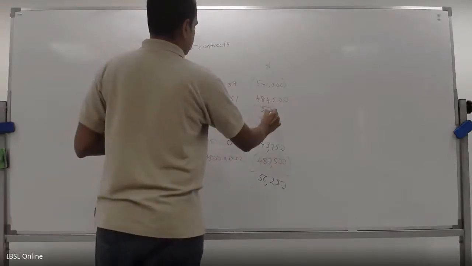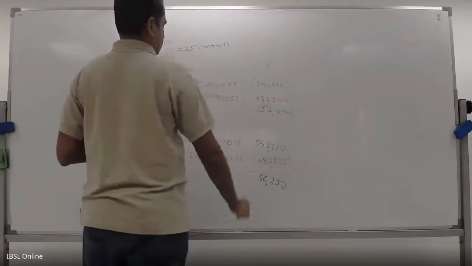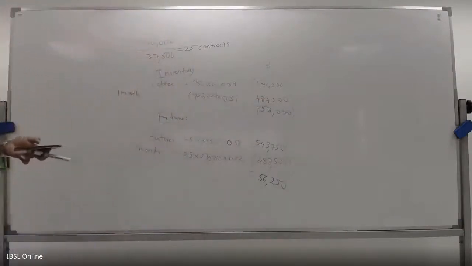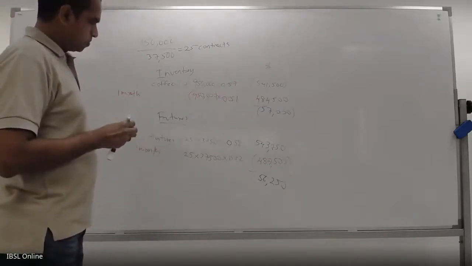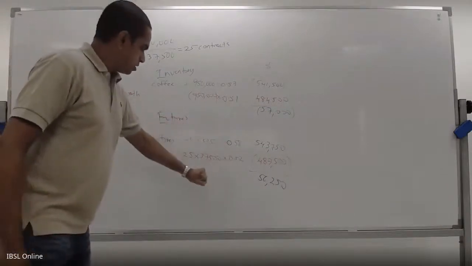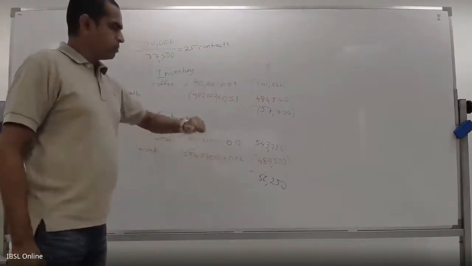They will lose $57,000 on inventory, but on the futures, they will gain 56,250.